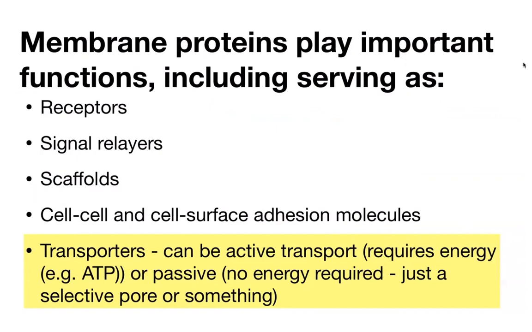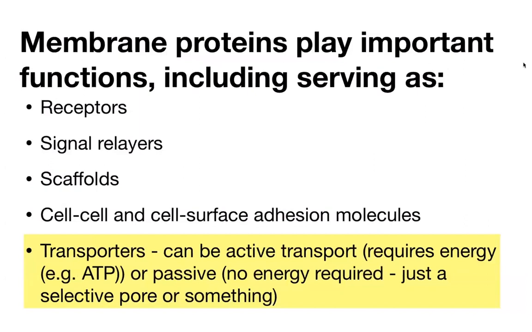So now that we know how these membrane proteins can get through the membrane, let's talk about how they can help other things get through the membrane. Let's talk about how membrane proteins can serve as transporters or channels and pores to help molecules get through membranes.